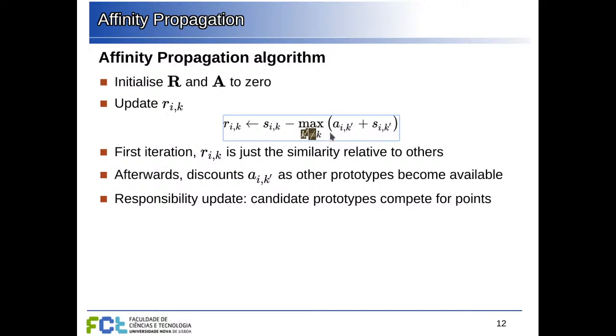So we're going to look at other potential representatives, and if some other one has an even larger similarity, then I will not want to be represented by K. It will prefer to go to the other one. So basically we can think of this as point I choosing which one of the other points seems to be more suited as representative of I. And this initially only takes into account the similarity between them, but eventually it also takes into account how much the candidate is available as a representative.